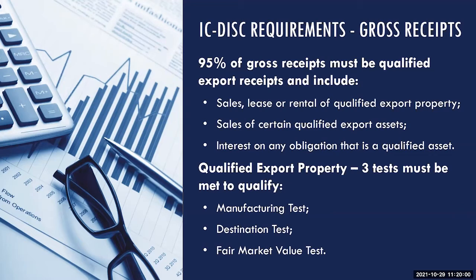So qualified export property is achieved by meeting 3 tests. You have what's called the manufacturing test, the destination test, and the fair market value test. And if you meet all 3 of those tests, the sale of that property is considered qualified export property, and you can calculate a commission off of that sale to be used for the IC DISC.